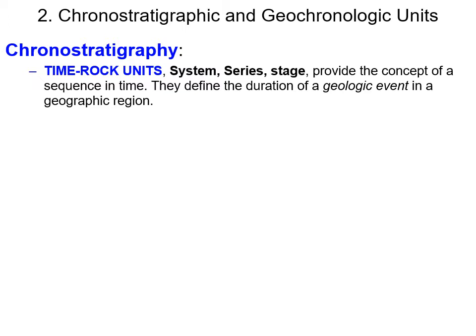Chronostratigraphy or chronostratigraphic systems are time rock units. So take the rock portion from lithostratigraphy, but now we are going to apply some kind of time context to it. The system is the fundamental unit of chronostratigraphy, and we can break up systems into series and series into stages.